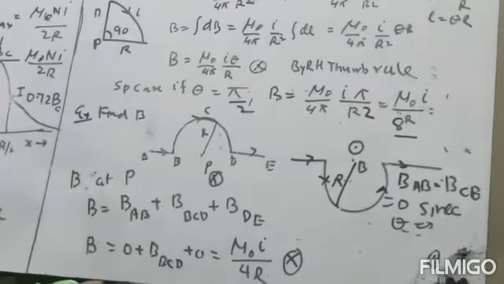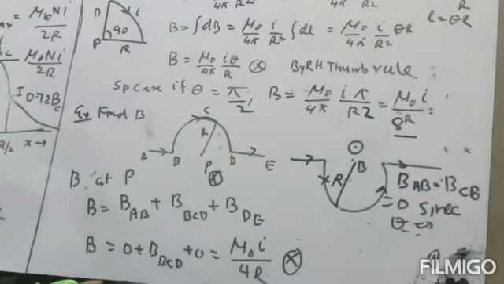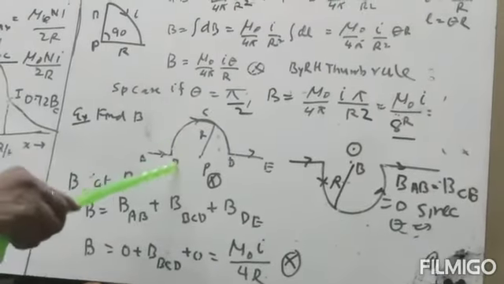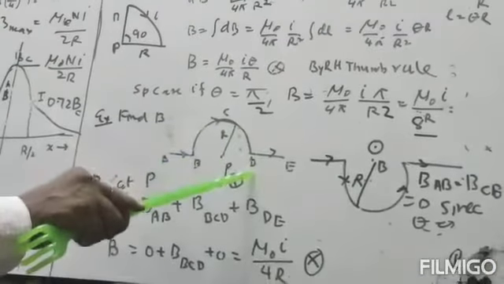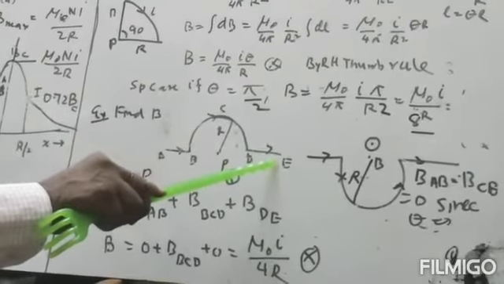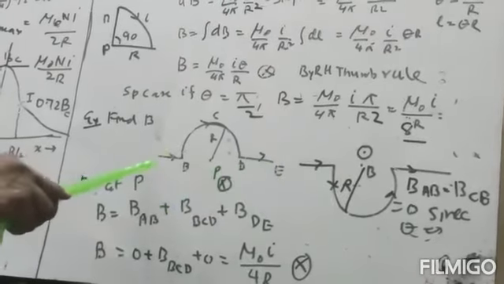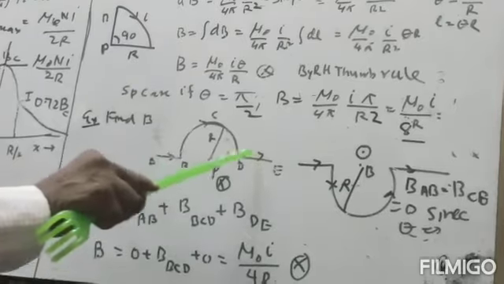What will be the magnetic field at its center P here? Now we have three parts. One is AB, another is the curved part BCD, and third is the DE part.